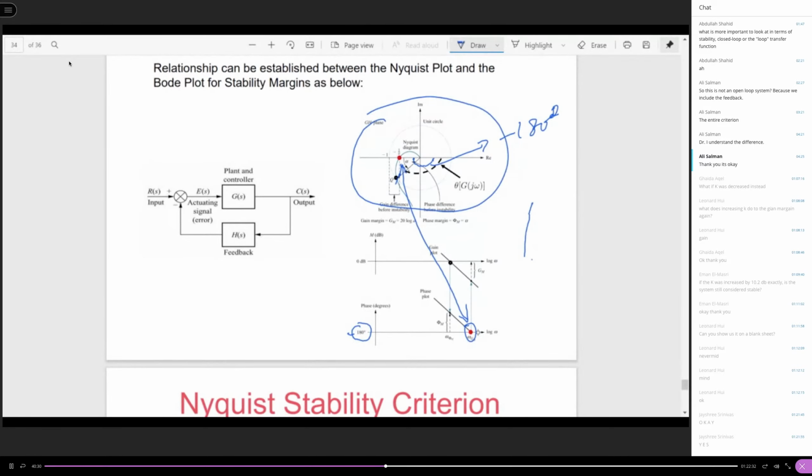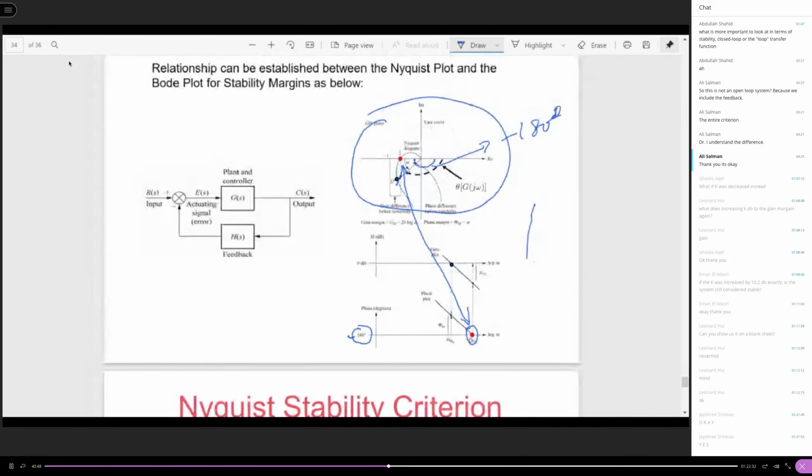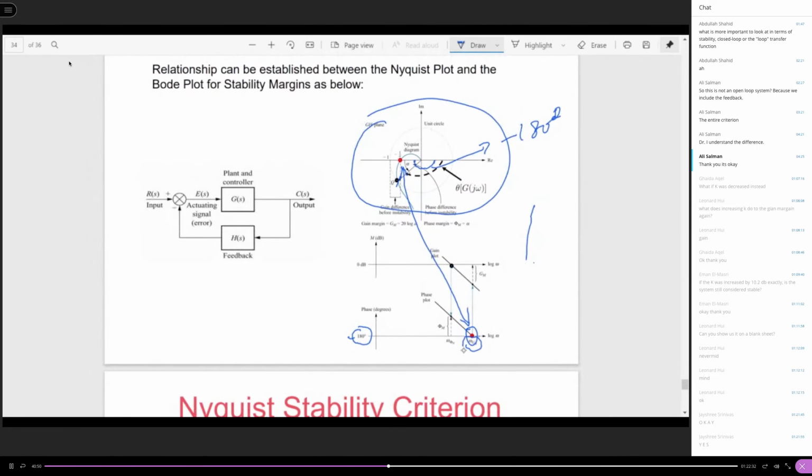And how to identify that? Let me repeat that. You use the Bode plot's phase plot and identify its crossover with the minus 180 degree line. Once you find this crossover, this crossover frequency is your omega gain margin.